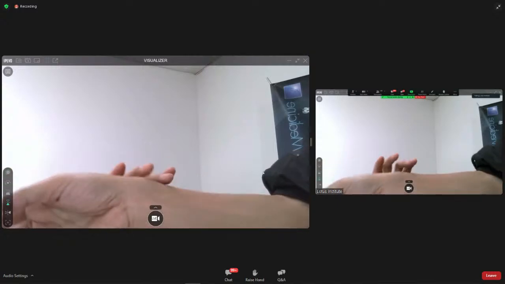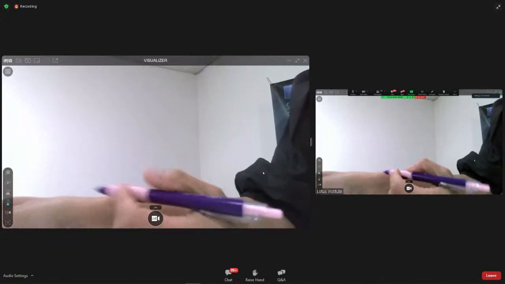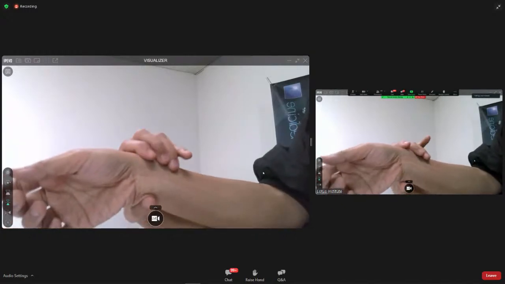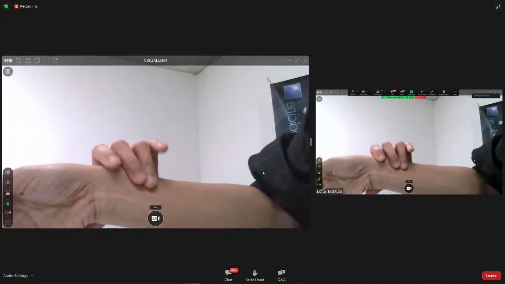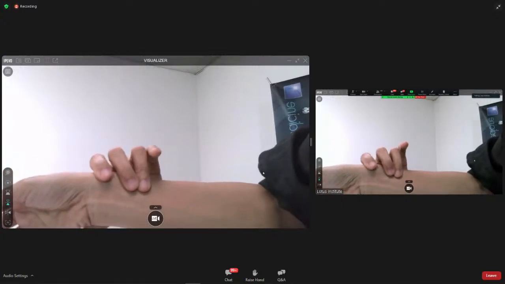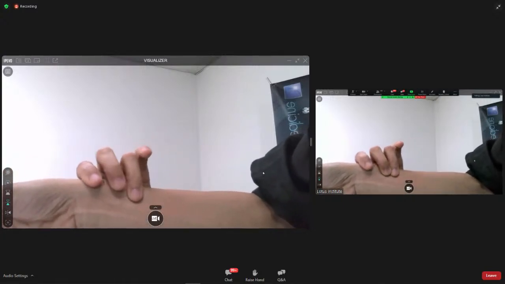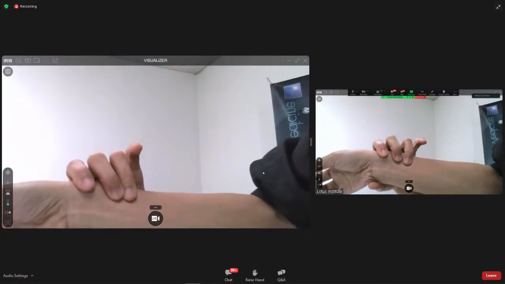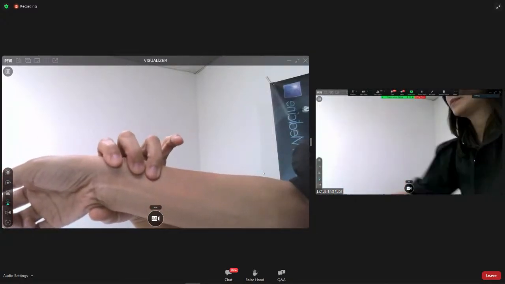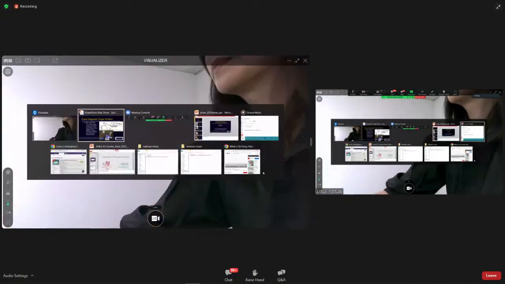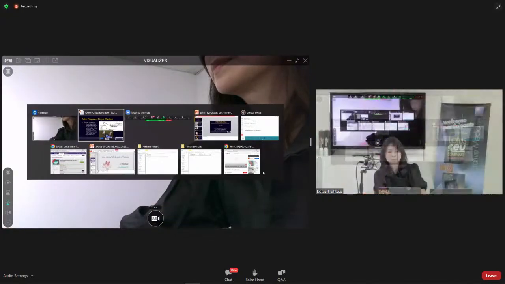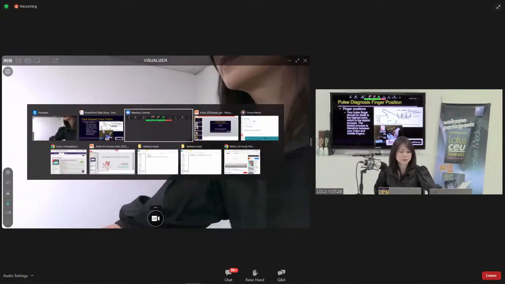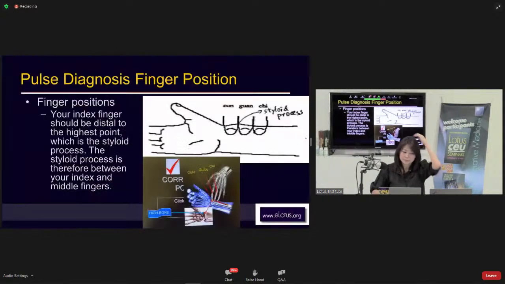When I'm taking my own pulse, put a bigger mark. Oh shoot, this is kind of awkward. So you get the idea, right? So cun and guan and chi. Okay, you got it? Everybody got it? So, styloid process.